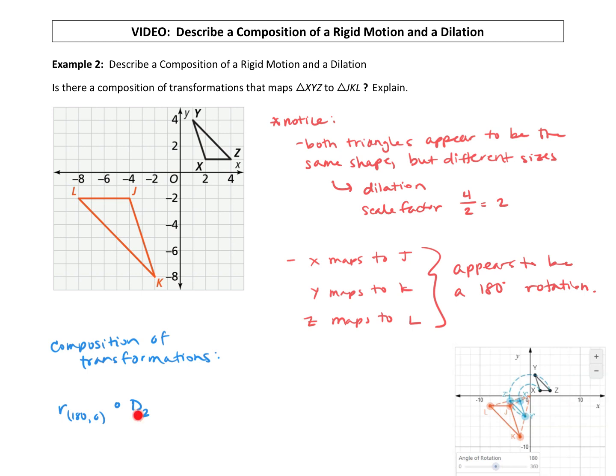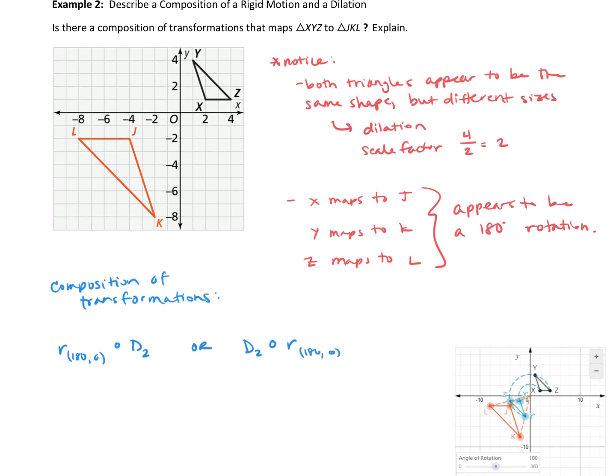Now remember, that means you would do the dilation first and then the rotation. Or we could have done the dilation after we did the rotation of 180 degrees about the origin. Both of these will map triangle XYZ to triangle JKL.